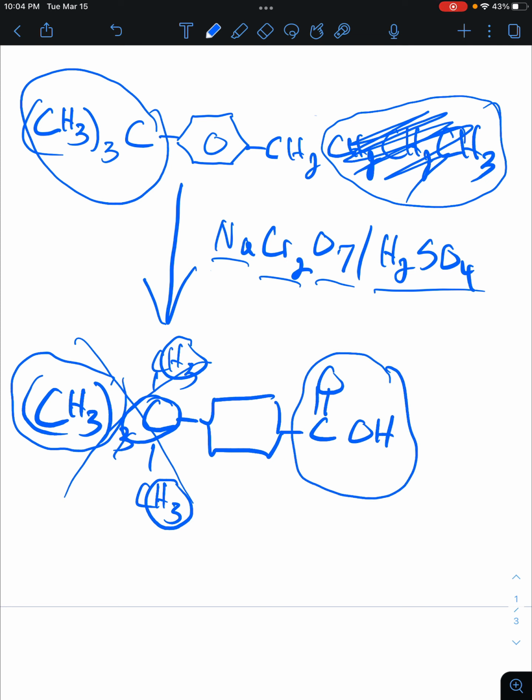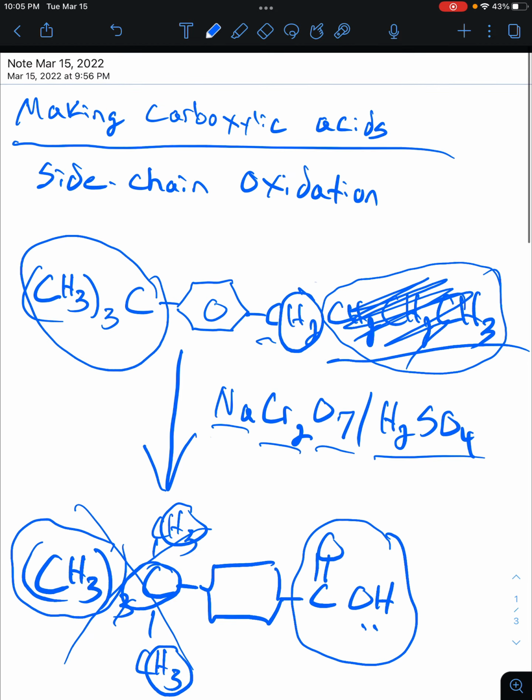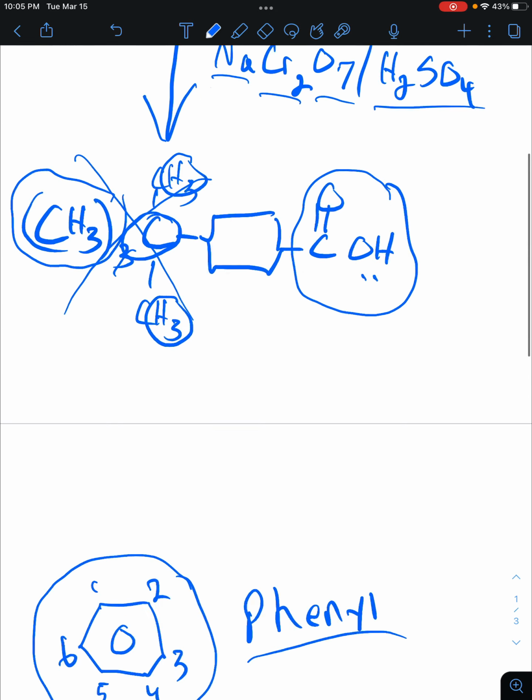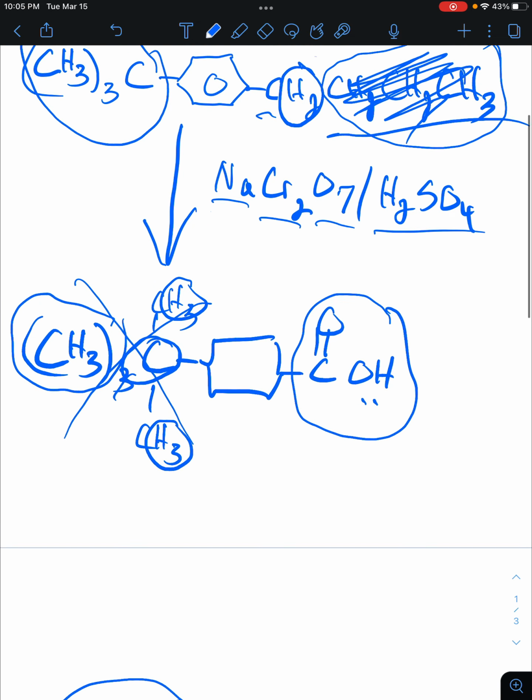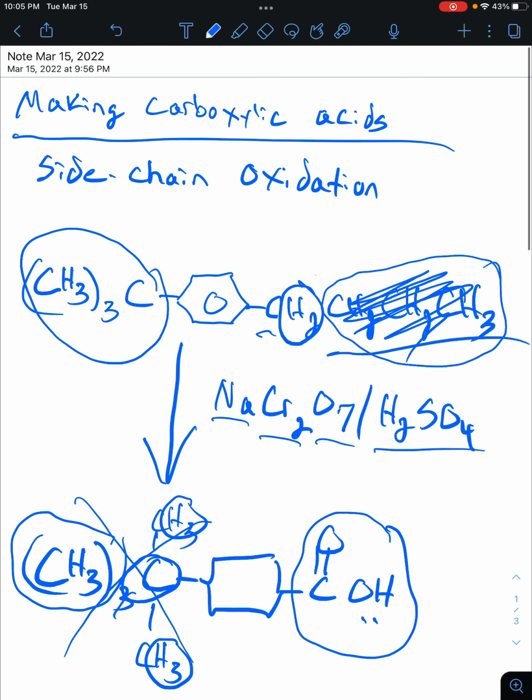You would get a double bond on the oxygen and an OH, which is a carboxylic acid. So whether it's 1 carbon, 7 carbons, as long as you have a benzylic hydrogen, you would end up getting this product here. Just something you can know. There's another way you can make it as well, but this is the easiest way to get the job done.